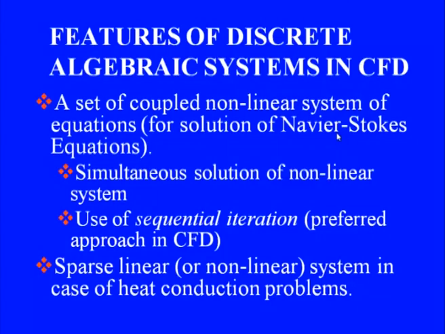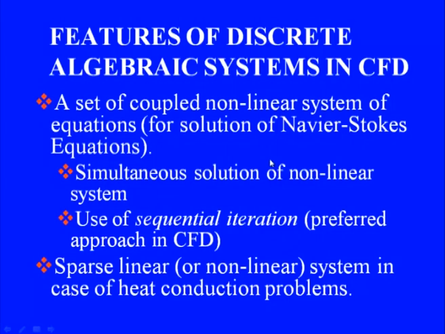Let us also be aware that the systems of equations which we get are usually sparse. This sparsity comes in because of the limited number of connections which each grid point has with its neighboring nodes. So, for instance, if we are dealing with a simpler problem of heat conduction, and the problem is linear, then we get a sparse linear system. If it is nonlinear, then again this sparsity pattern is there.